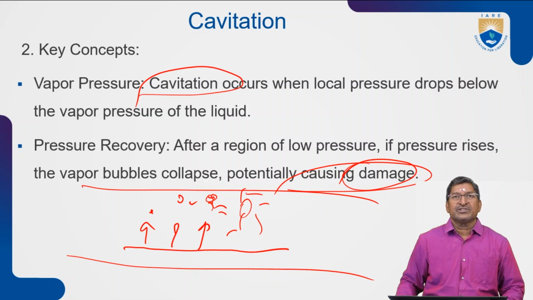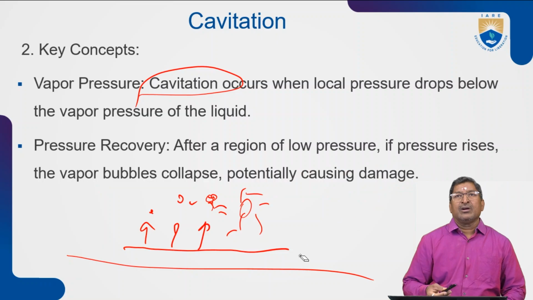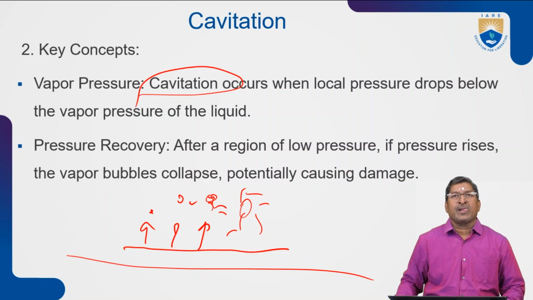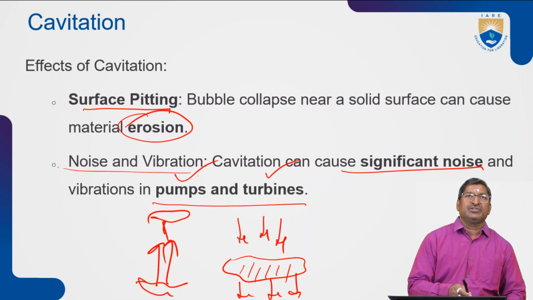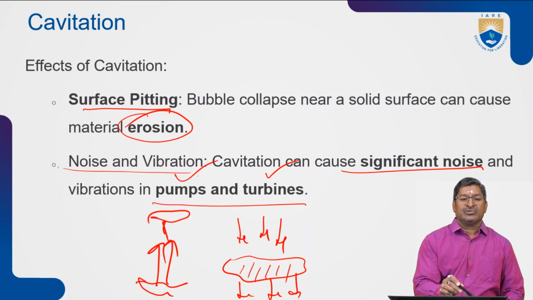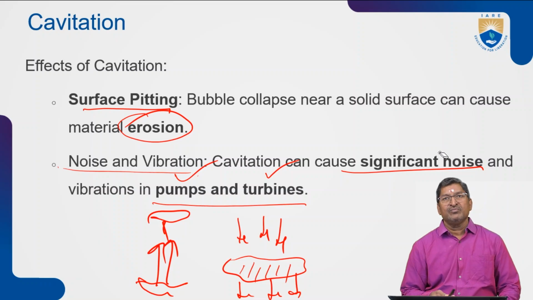So this is the definition, same thing. Then damage will occur due to cavitation. The effects of cavitation will be pitting action, so that erosion of material will take place and significant noise will also come.